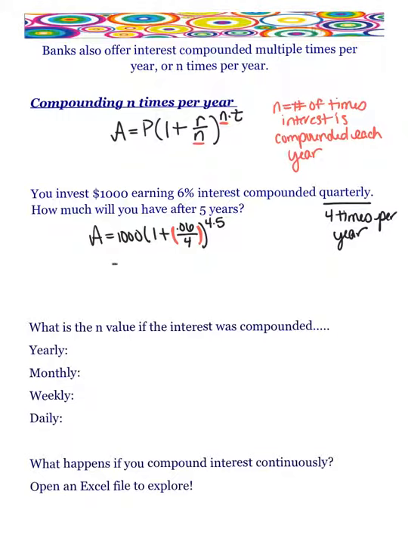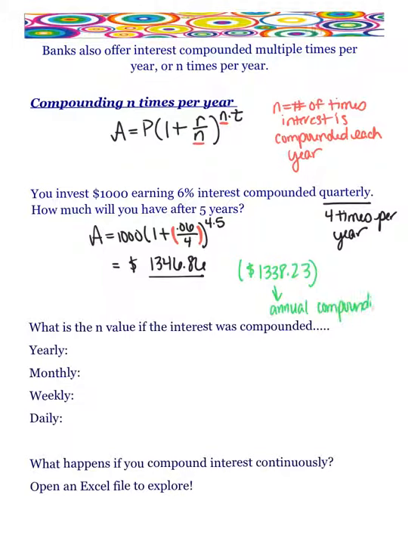So when you do this, you end up with $1,346.86, which is a little more than what you had when it compounded annually. I had $1,338.23. My bad. When I compounded annually. So this was the annual compounding.